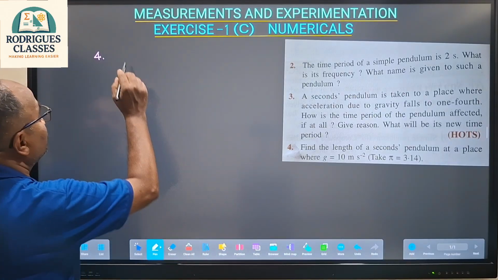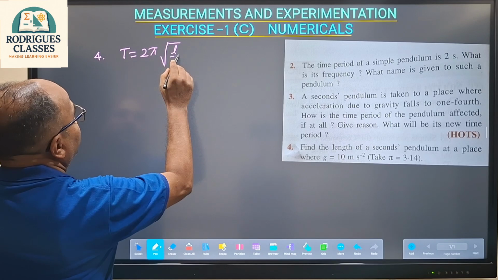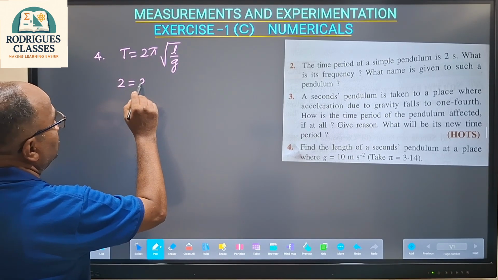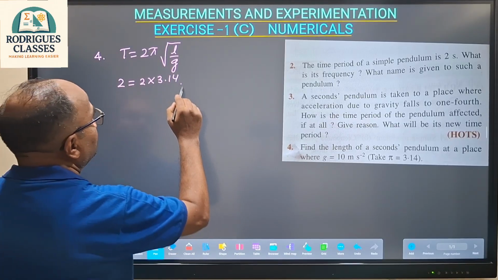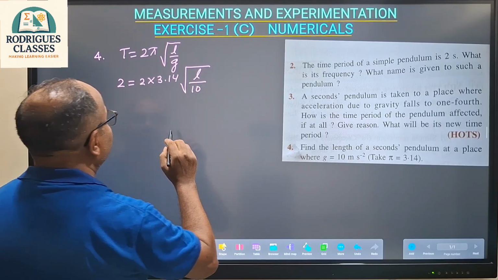So we write the formula: T is equal to 2 pi root over L by G. So T, because it is a seconds pendulum, is 2, and pi they have asked us to take as 3.14. Root over L we have to find, and G is told as 10.